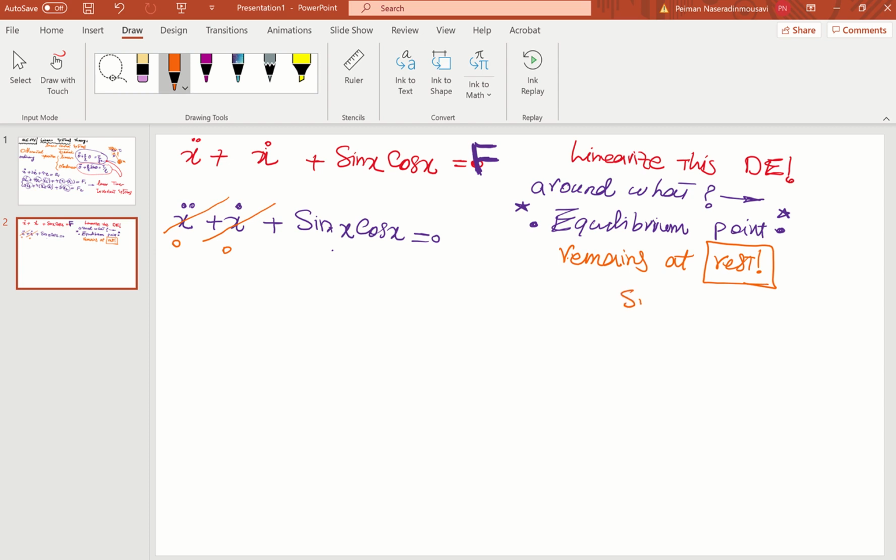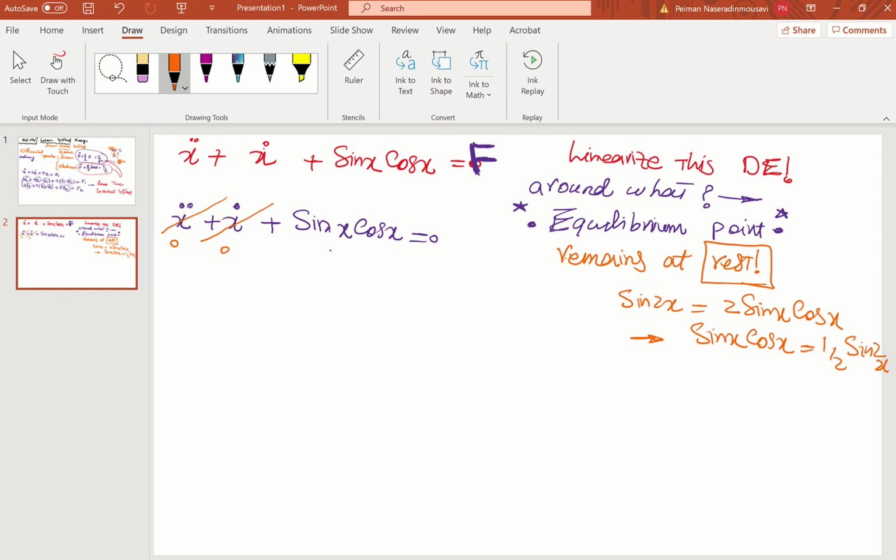And from trigonometry, we know that sine of 2x is equal to 2 sine x cosine x, remember? So simply from here you can say sine of x cosine of x is equal to 1 over 2 sine of 2x.